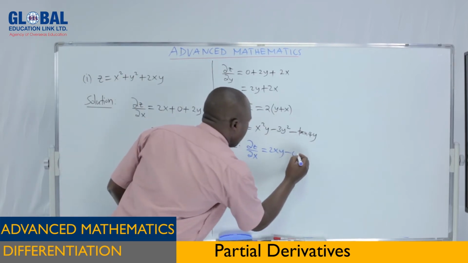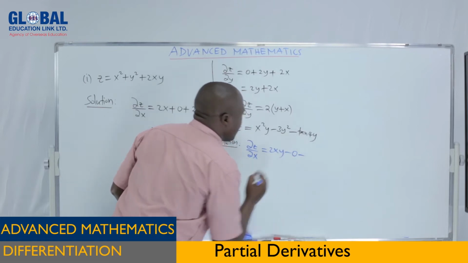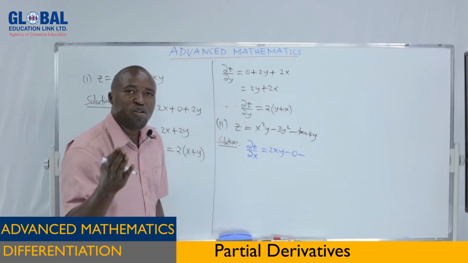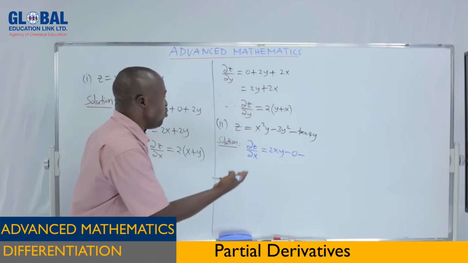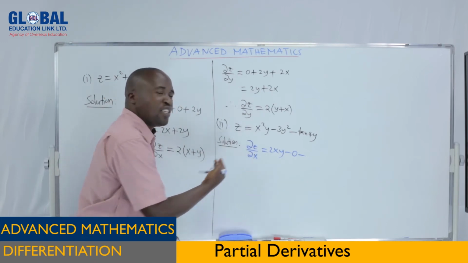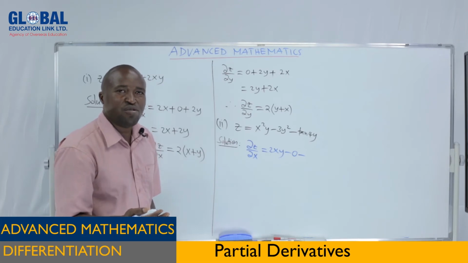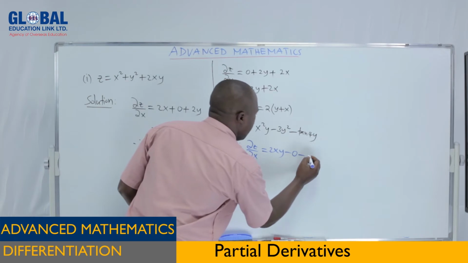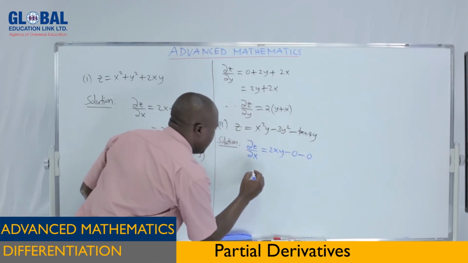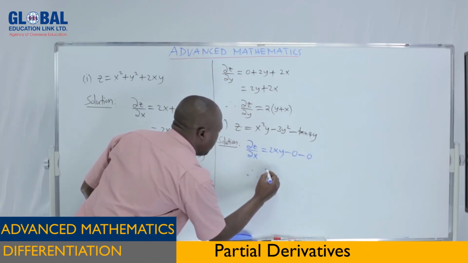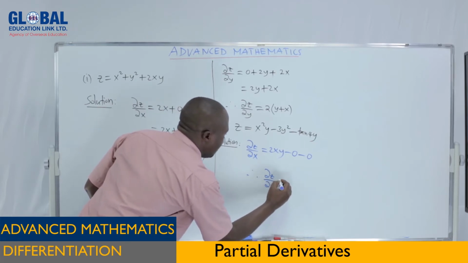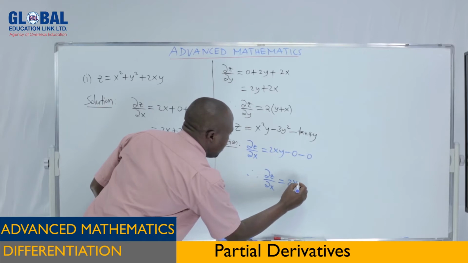So here we have 0. Then minus, we have 4y. Again, remember, y is constant because we are differentiating z with respect to x. So the derivative of 4y is equal to 0. So in this case, the partial derivative of z with respect to x is equal to 2xy.